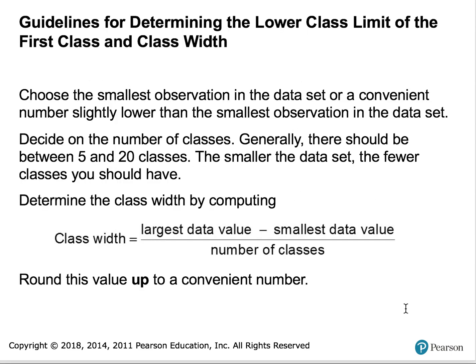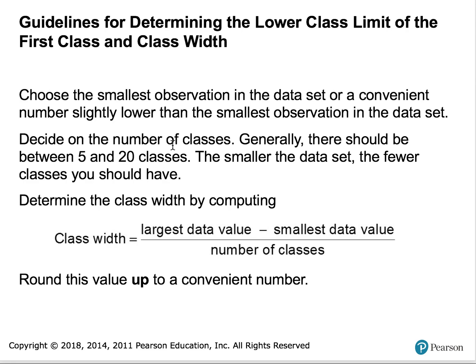Okay, so here's some guidelines for determining the lower class limit of the first class and the class width. All right, choose the smallest observation, which is what we did, or a number slightly lower than the smallest observation. Decide on the number of classes. Generally, there should be between 5 and 20 classes.